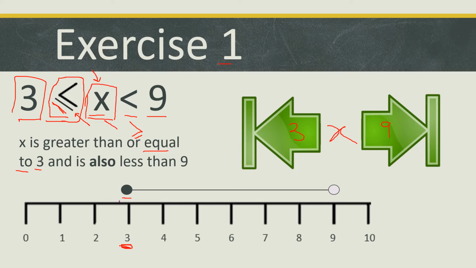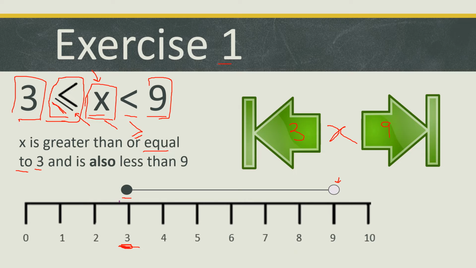And why aren't we shading the circle above the 9? Because the number 9 is not included in the possible integer values for x. So we aren't going to shade the 9. So the possible integer values for x are 3.